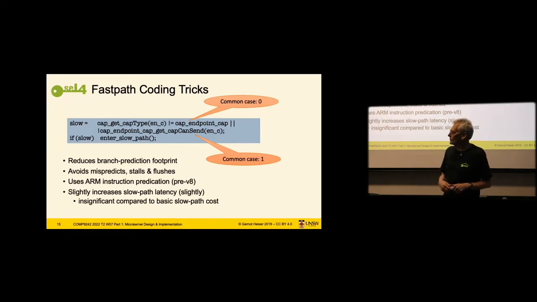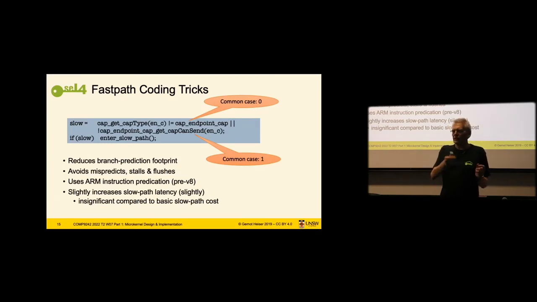This reduces the branch predictor footprint and actually operates already with a cold branch predictor. The branch predictor is basically a cache of branches taken from this instruction and avoids misprediction. It is also cache friendly because all the fast path code just immediately follows after that, so it's in as few instruction cache lines as possible.